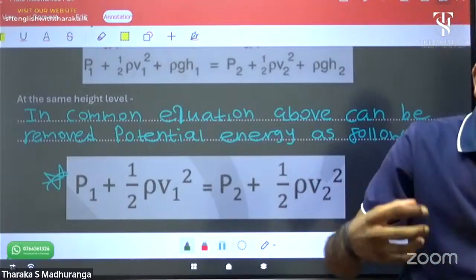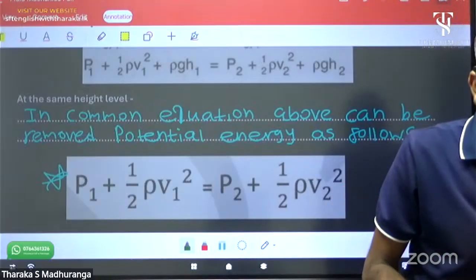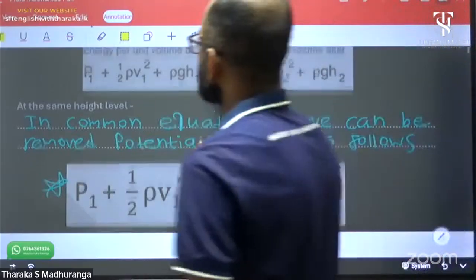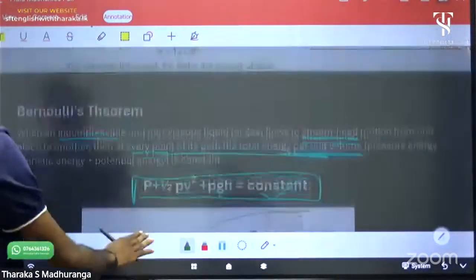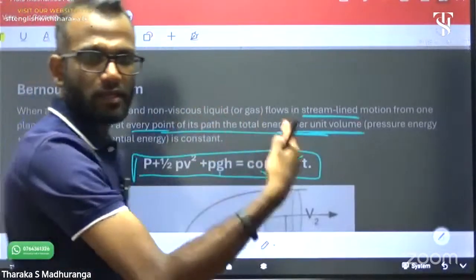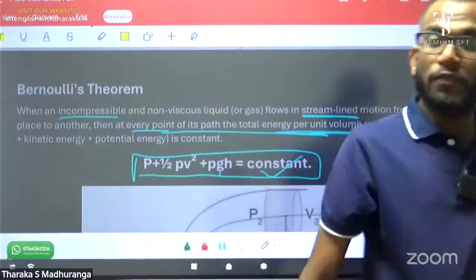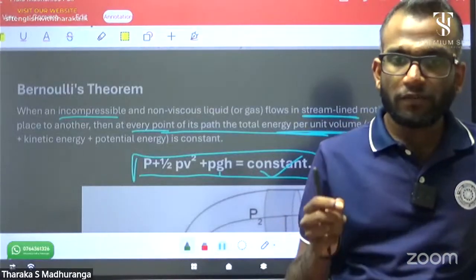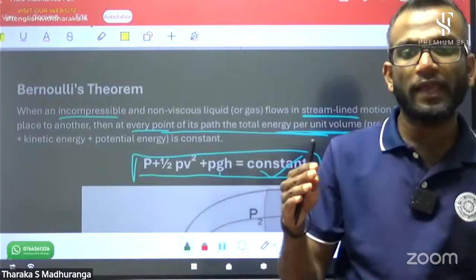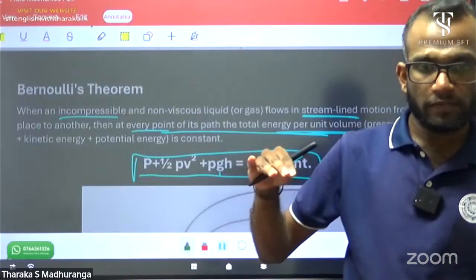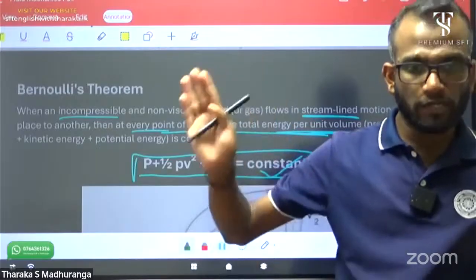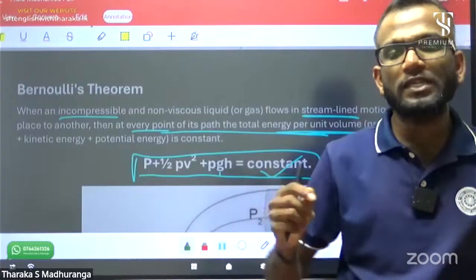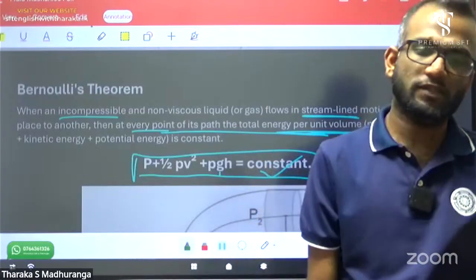Again, can you remember the definition of Bernoulli's theorem? This definition explains about the fluid. When incompressible and non-viscous fluid flows as a streamline from one point to another point, at every point the total energy per unit volume is a constant.